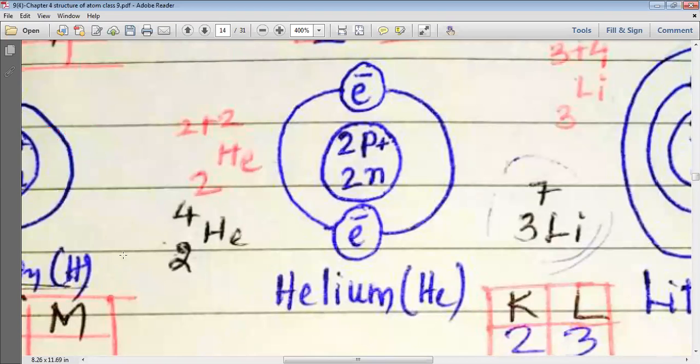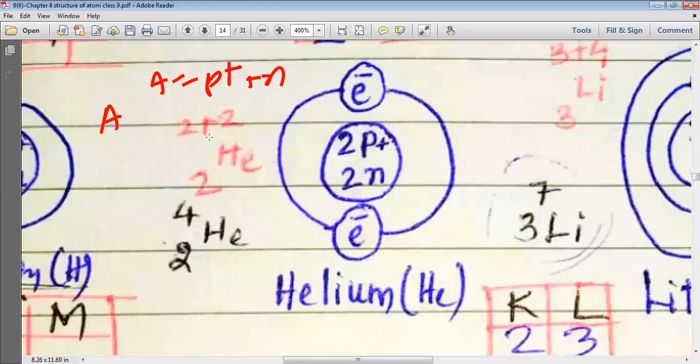Now, my dear students, we want to study the atomic number and atomic mass number for helium. We determine the atomic number Z and the atomic mass number A. How do we determine Z and A? We determine Z from the number of protons. You can see that here the number of protons is 2, so Z is equal to 2. Now how do we determine A? A is known as the atomic mass number, and A is equal to the number of protons plus the number of neutrons.